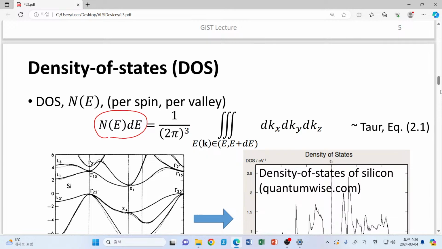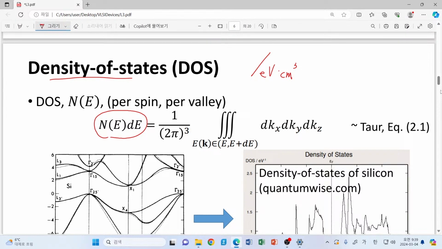So although density of states is sometimes regarded as energy density per electron volt, it also has volume in it.